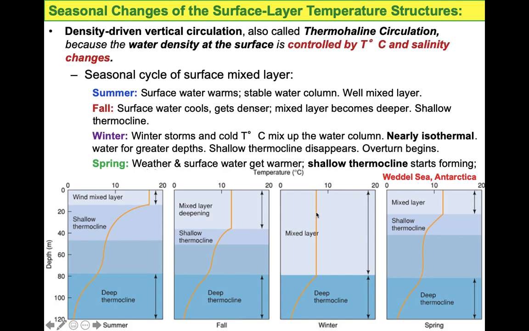Very well mixed cold surface water, and our shallow thermocline totally disappeared that we had in both summer and fall profiles. So that's basically a very vertical and same cold water going all the way down to nearly 80 meters.